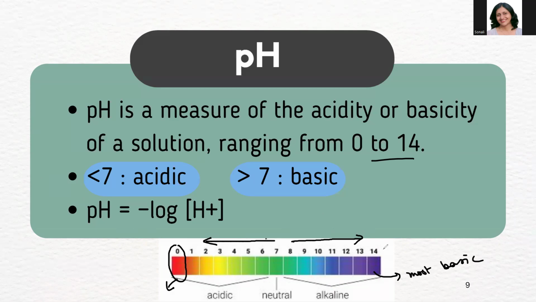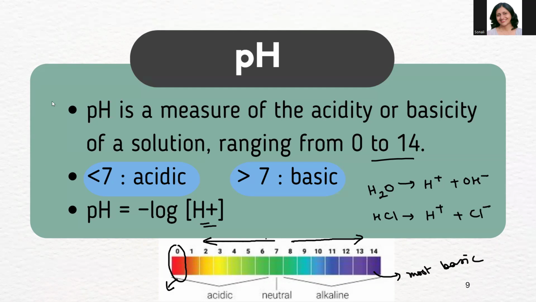And you can calculate the pH on the basis of hydrogen ion concentration. I'll give you an example. Suppose you have water or you have HCl. Their capability to give hydrogen ions matters: water will form H plus and OH minus, and HCl will form H plus and Cl minus.